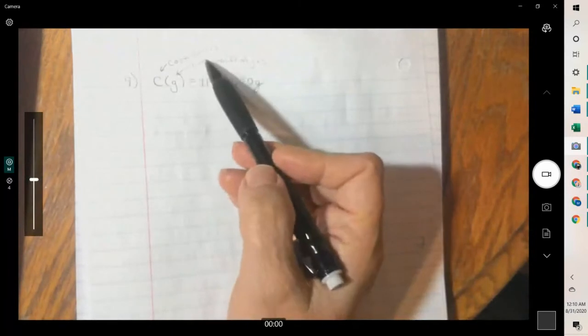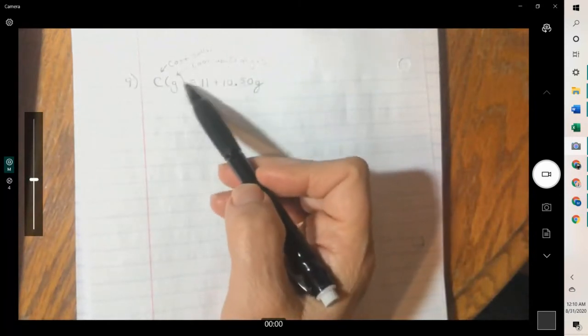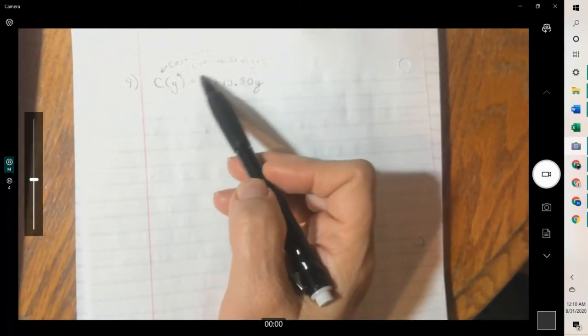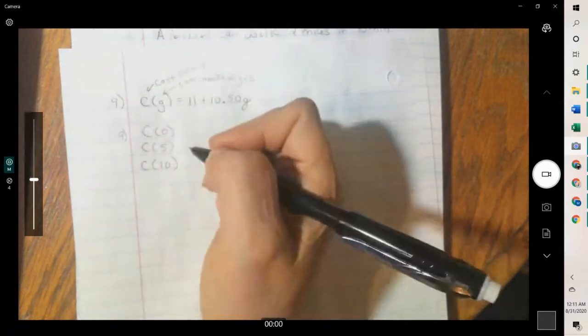Another thing is units. Cost is dollars, and G is 1,000 cubic feet of gas. Okay, so let's look at part A. It says to find C of 0, C of 5, and C of 10.